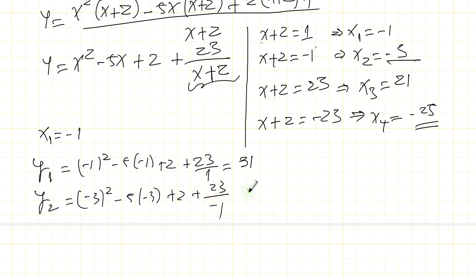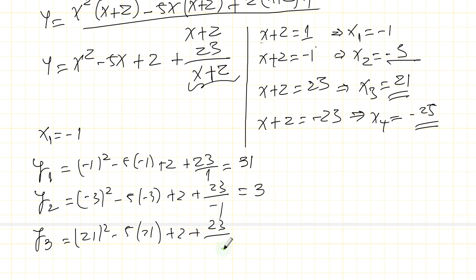I'm not doing it step by step to save time, because this is actually easy, and y2 is going to be 3. For y3, x is equal to 21, so 21 squared minus 5 times 21 plus 2, plus 23, this time divided by 23.